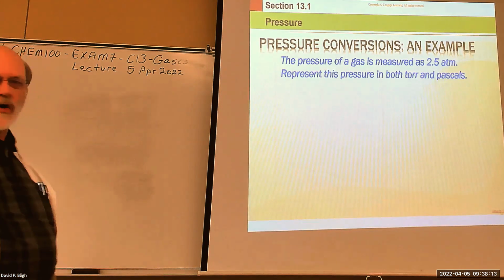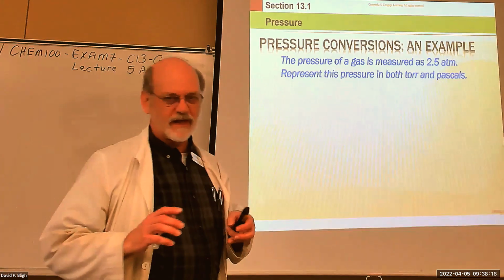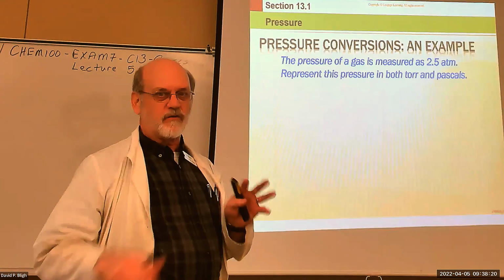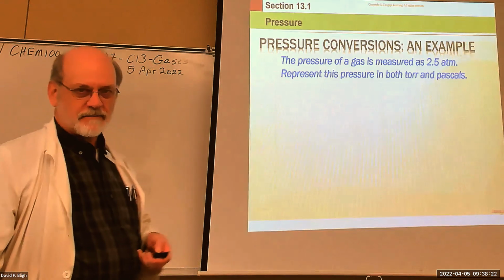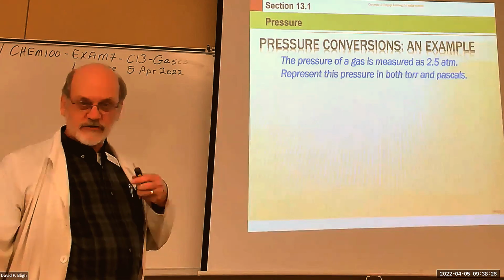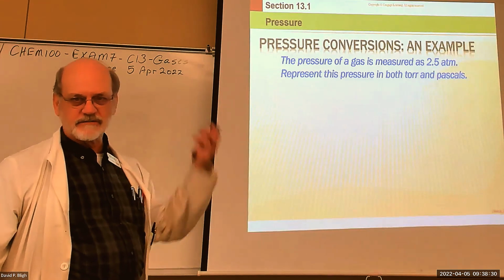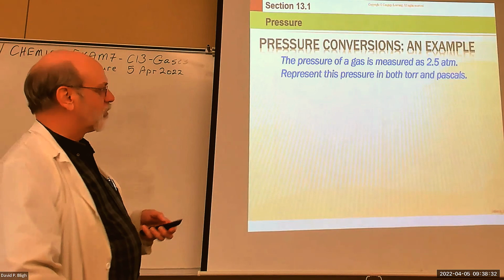Okay, so if we're going to convert, which we need to do, right? Dimensional analysis again, that evil pair of words, unit conversions. The pressure of a gas is measured as 2.5 atmospheres. Doesn't matter how we got the measurement, this is a theoretical problem.